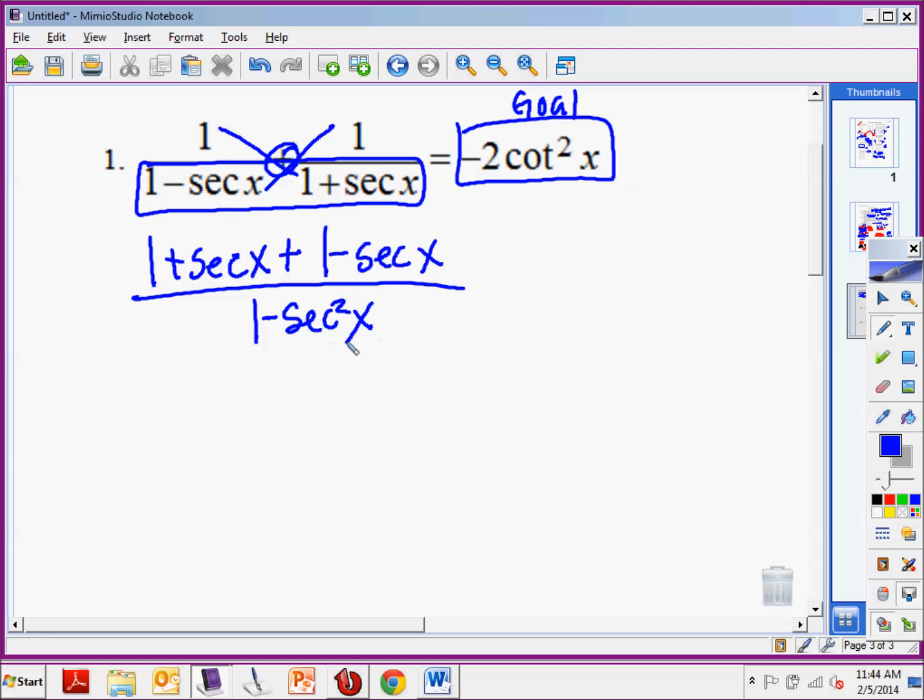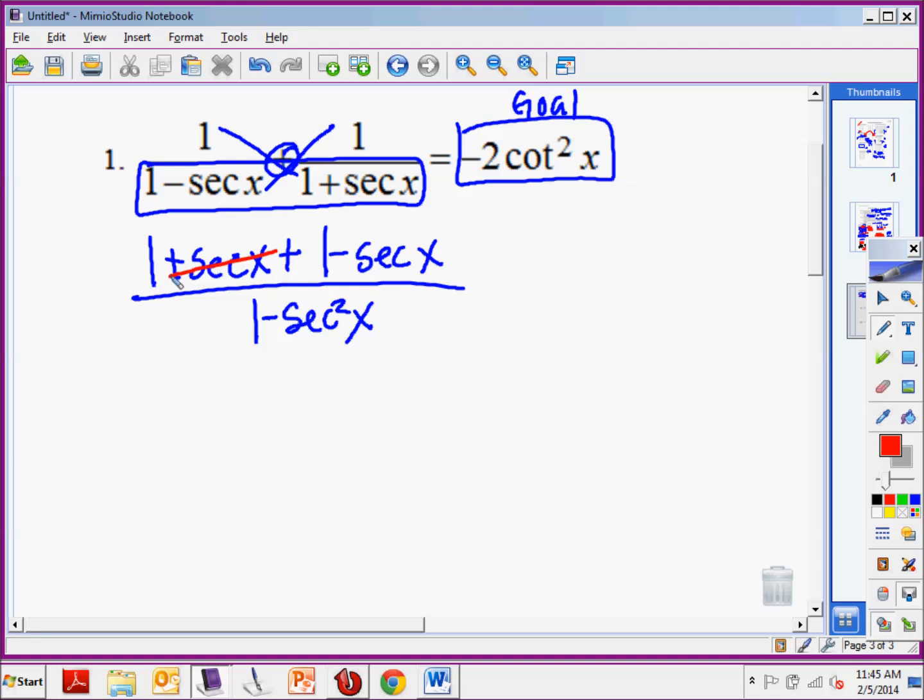All right, so we did our algebra. Almost done with it. So let's start simplifying our algebra. Numerator. What can happen in my numerator? There's 2 secants, not parentheses squared. The 2 secants are going to cancel themselves out, right? Because I have a plus secant and I have a minus secant.